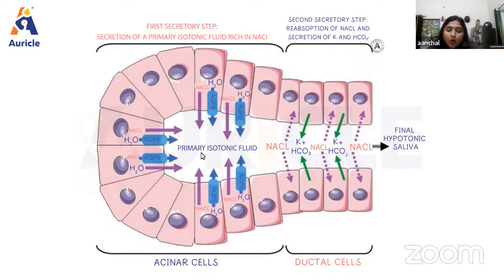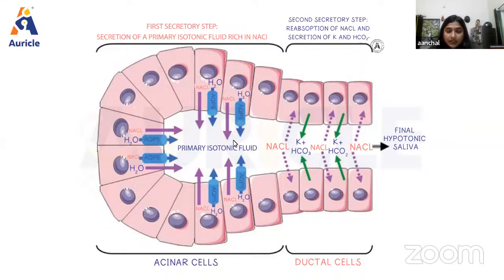So the sodium is always secreted by an active process, and chloride is secreted to preserve the neutrality. Then there is simultaneous passage of water into the acinar lumen, making the primary secretion isotonic, and that occurs by aquaporin 5.